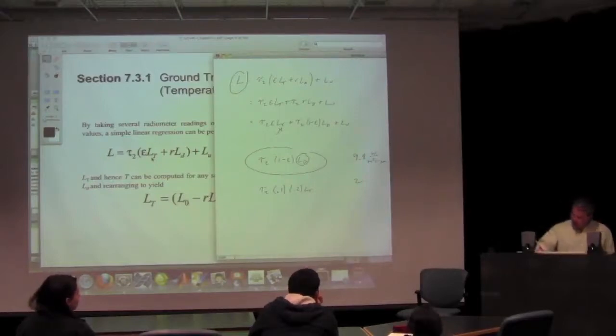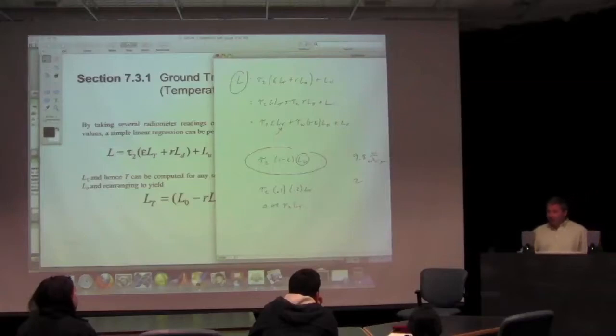All right, so what do we have? We have 0.02 tau 2 LT. All right, so at this point, the reflected downwelling component, you can see, is 2% of your total signal.